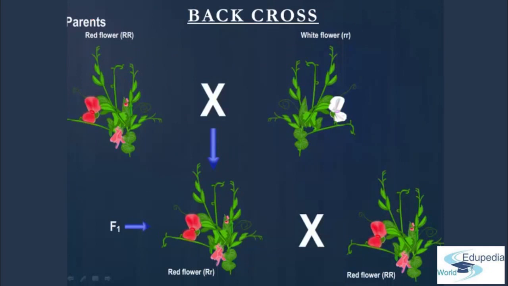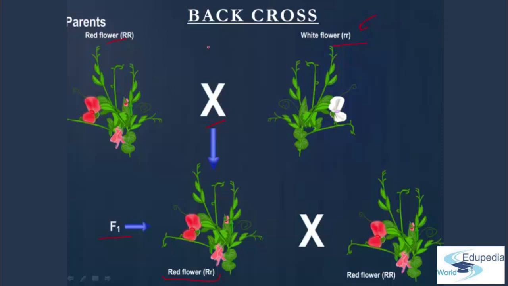These are the parents which are crossed, and the parents are homozygous in nature. One is for the dominant character and another for the recessive character. The F1 generation, which is produced after the cross, contains red flowers, and these flowers are heterozygous in nature.